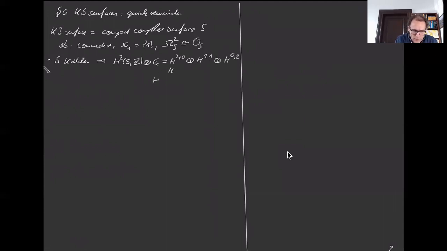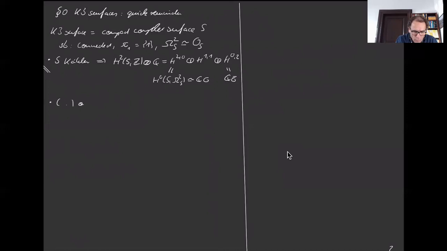The 2,0 part is the space of global sections of the canonical bundle, and since this is trivial, it is generated by a trivializing section, which will be thought of as a holomorphic symplectic form. And then the 0,2 part is spanned by its complex conjugate.